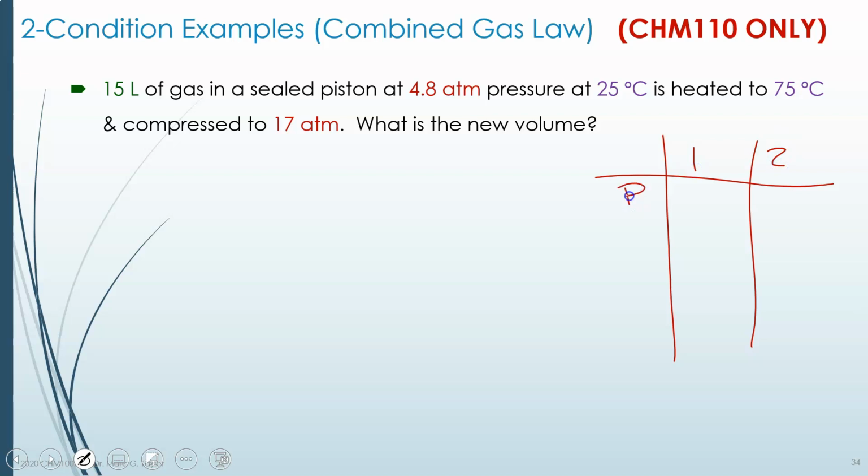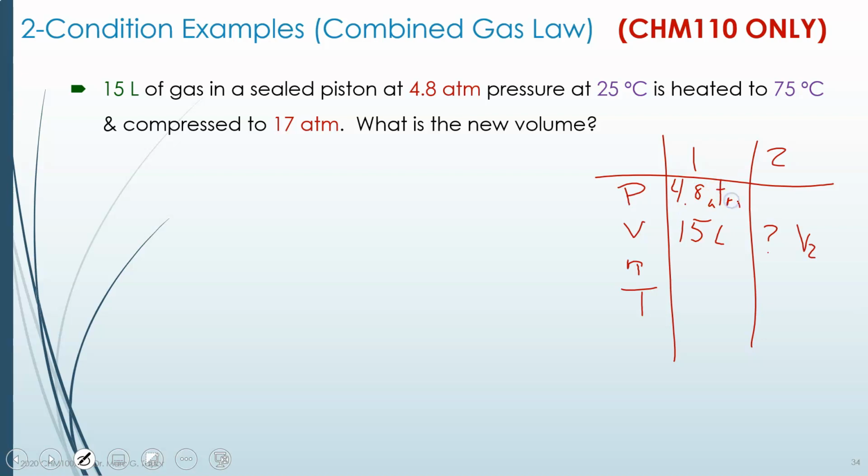So we've got our pressure, our volume, our number, our temperature. We know that we're starting with 15 liters of gas, so we can write that right here in our V1. We don't know our new volume, so that's our question mark. V2 is our question mark. We have an initial pressure of 4.8 atmospheres.